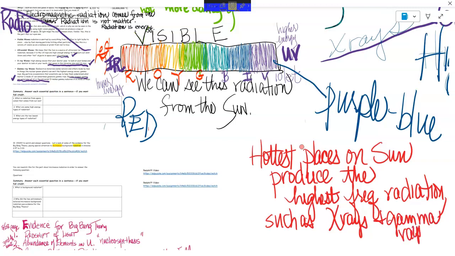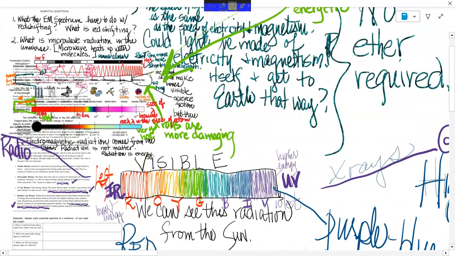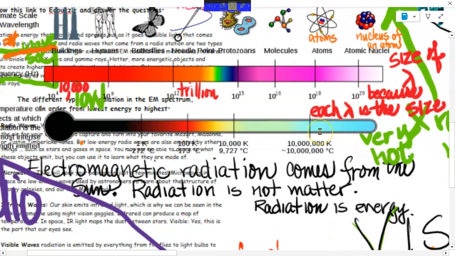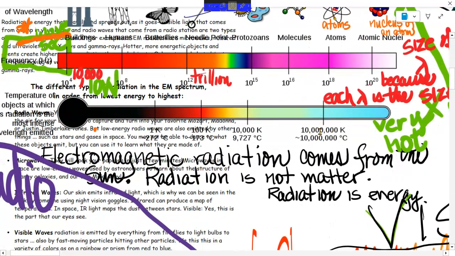All right, and that's what this picture above was showing us. We'll go back to that picture in just a moment. So in this picture you can see that here we're at a very low frequency.